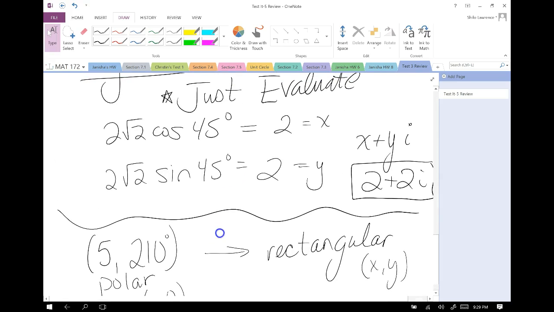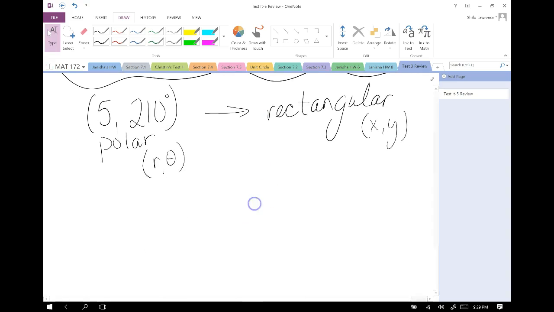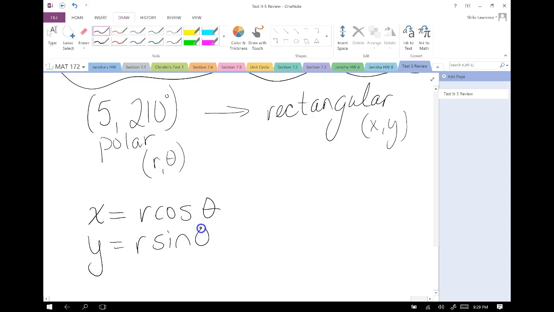So the way that we changed the r and the theta to an x is we had r times cosine theta gave us our x, r times sine theta gave us our y. So x equals r cosine theta, y equals r sine theta. These are the conversion formulas to go from polar to rectangular.